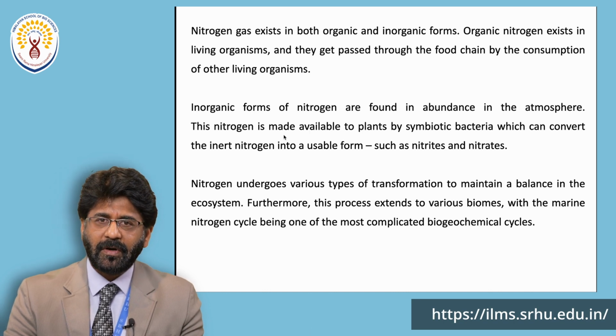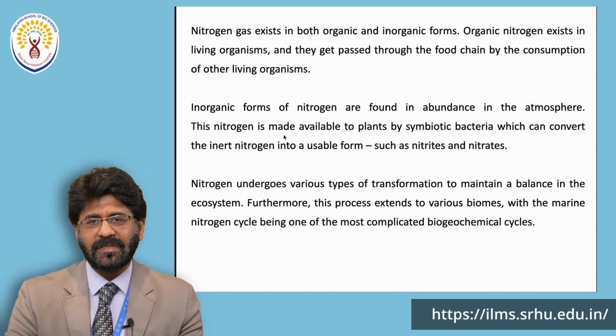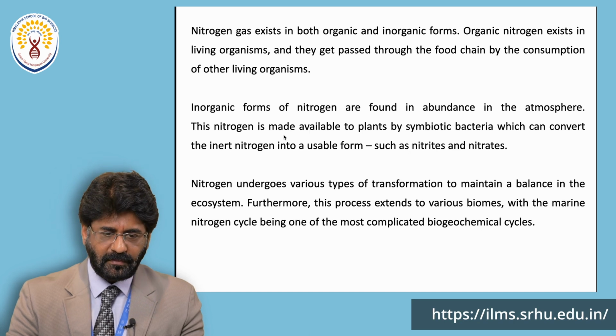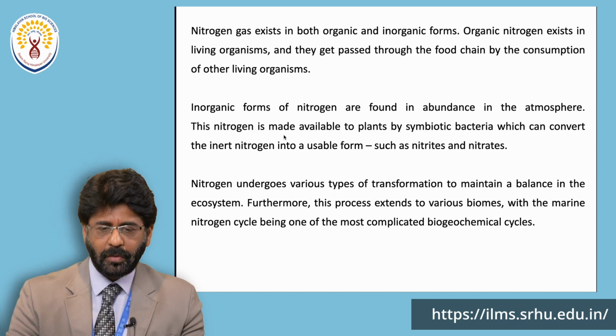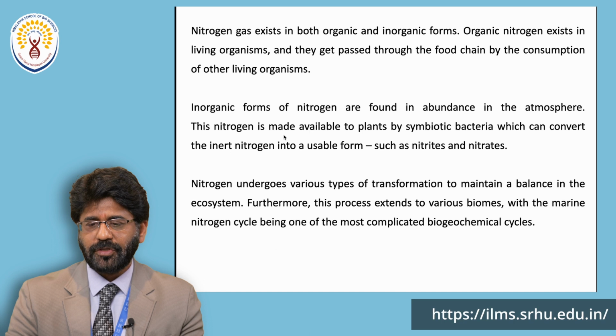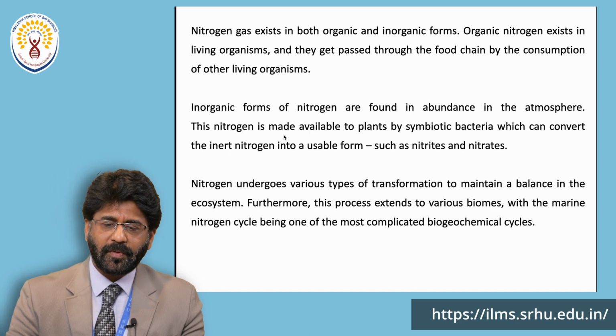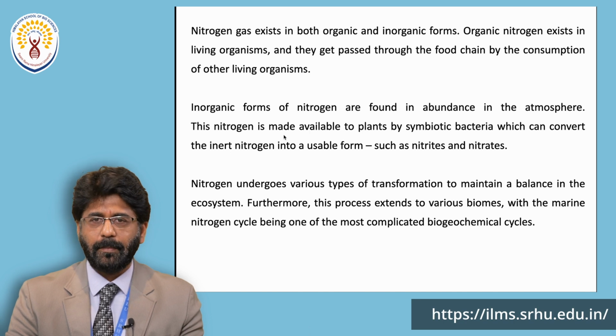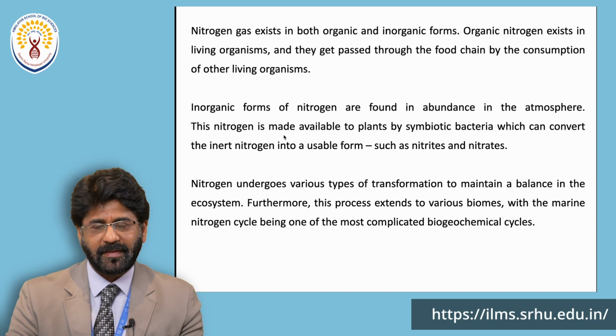Basically, they convert inert nitrogen into nitrites and nitrates. Further, nitrogen undergoes various types of transformation to maintain a balance in the ecosystem. Furthermore, this process extends to various biomes, with the marine nitrogen cycle being one of the most complicated biogeochemical cycles present.